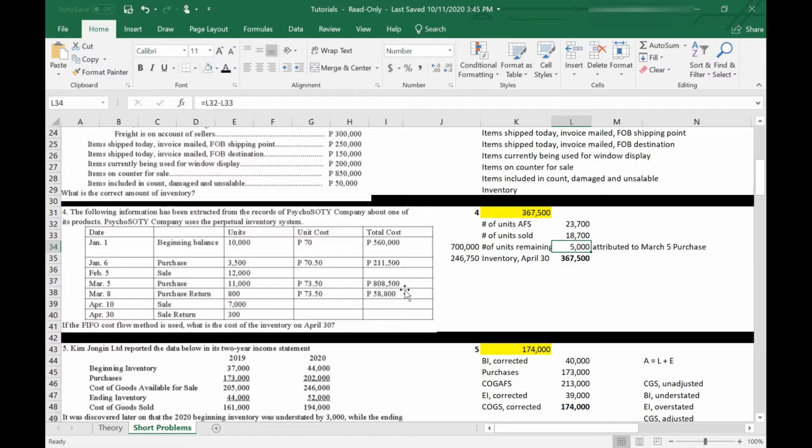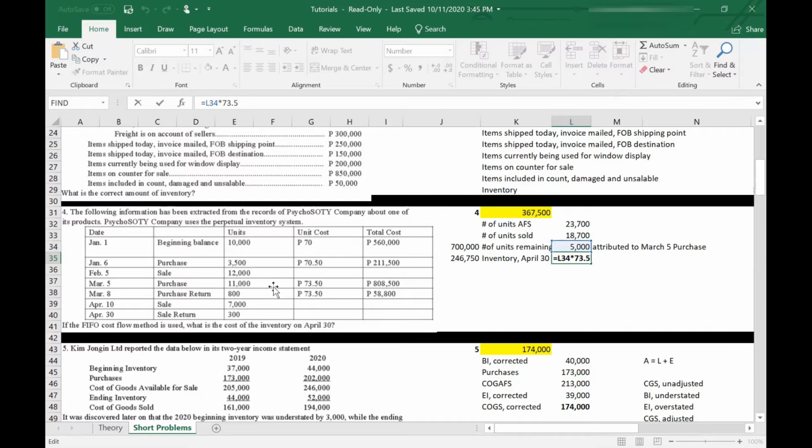So we just attribute the 5,000, no? And the 5,000 units of ending inventory, matitrace mo siya dun sa purchase ng March 5, no? Because dito siya manggagaling kasi nga ito yung last purchase mo, 5,000.